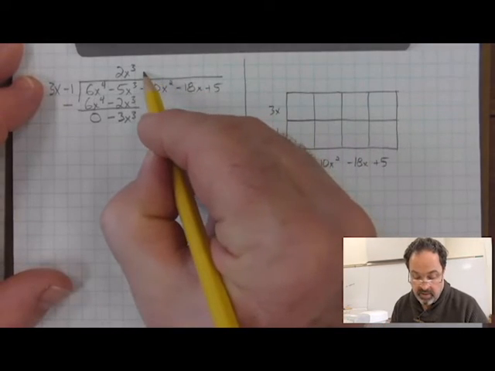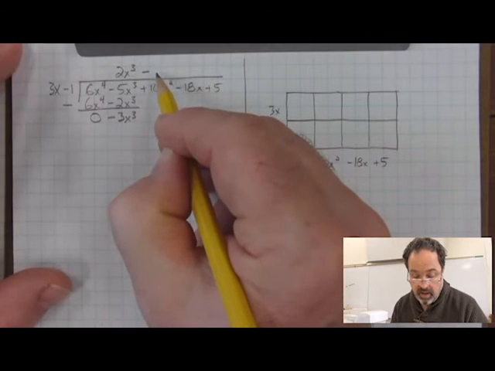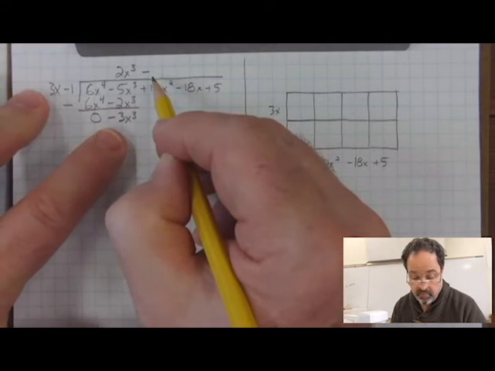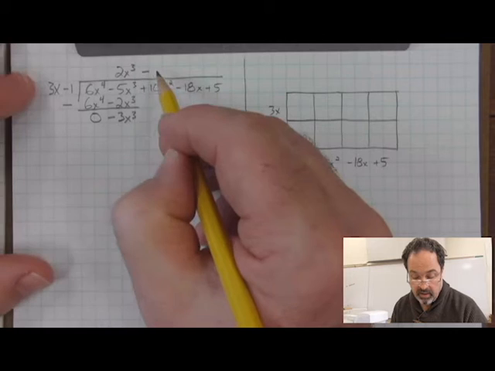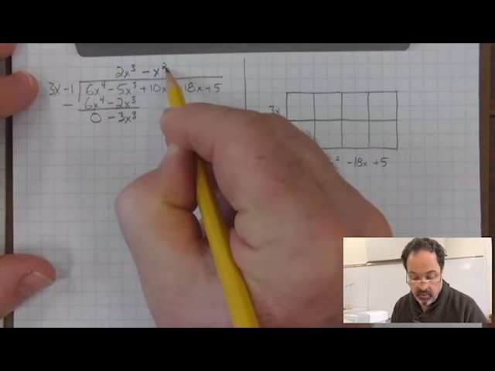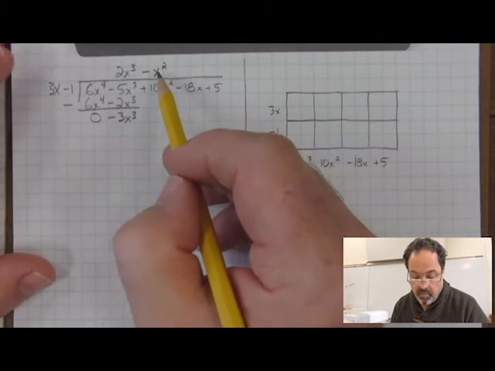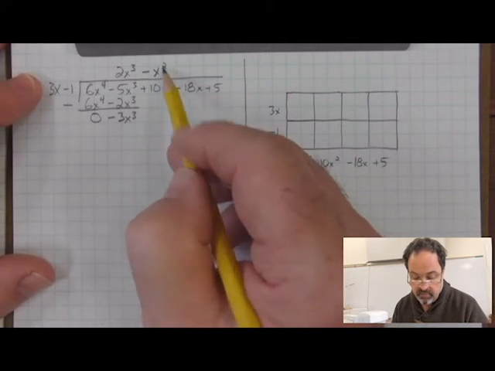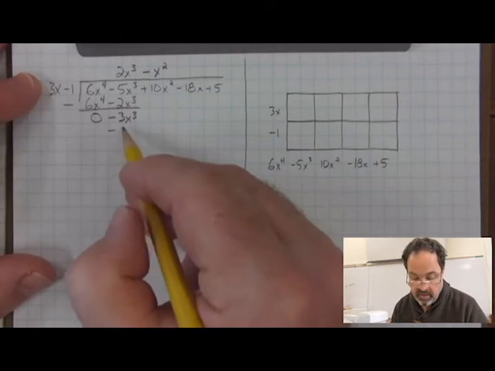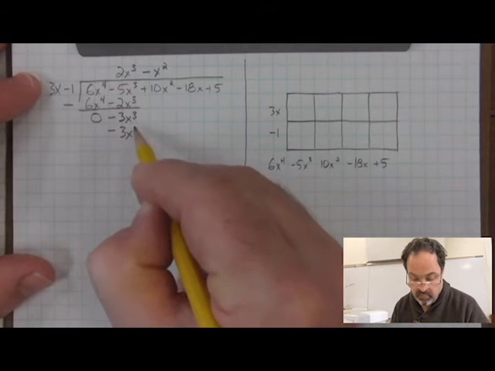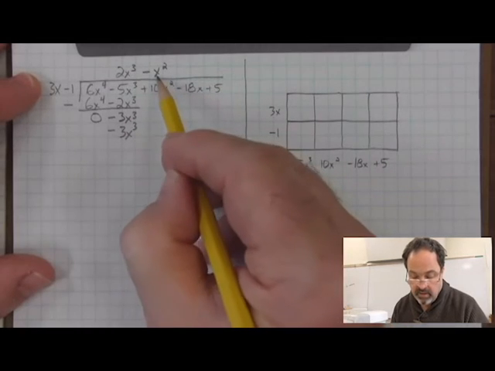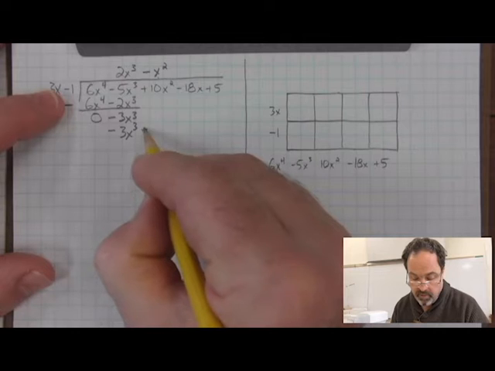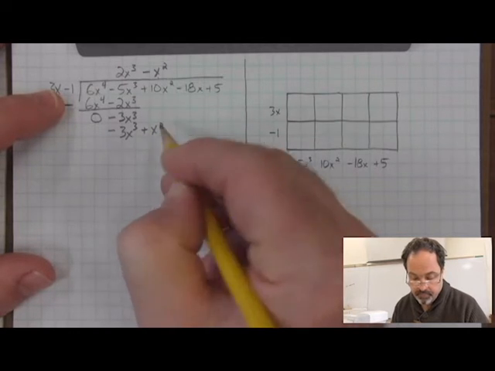It's going to be a negative number, and I'll multiply by 1 because it's 3 in both cases, and an x squared. Second step, multiply the negative x squared times the 3x, and I do get a negative 3x cubed. And the negative x squared times negative 1 is a positive x squared.